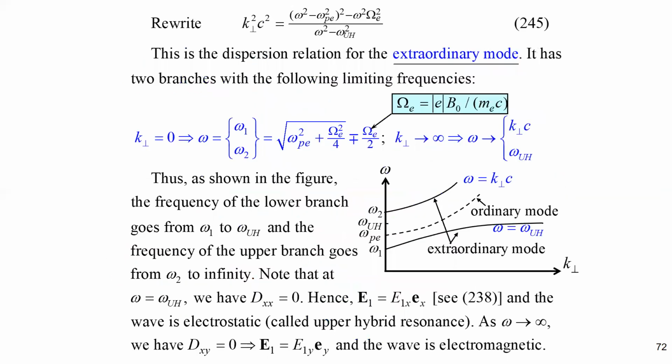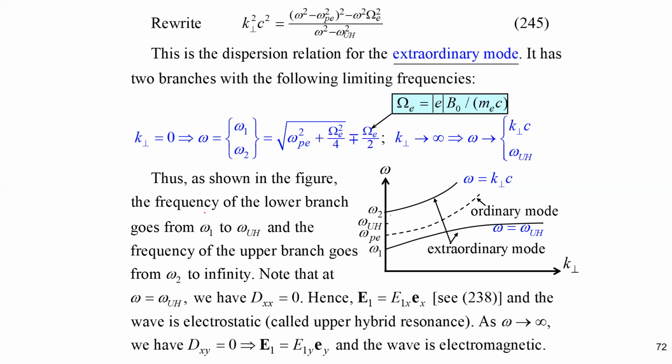Okay, let's move on. So we need the left-hand side, omega 1, omega 2. And we also know what happened here. So this is the ordinary mode we already learned before. And these two new ones are extraordinary.